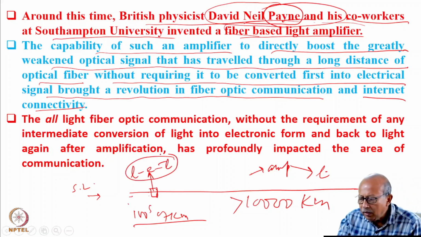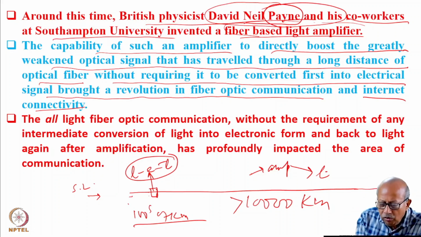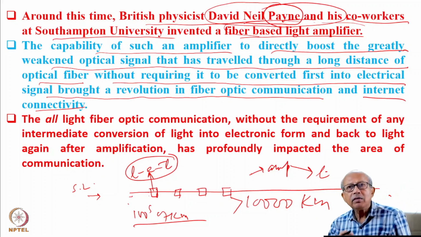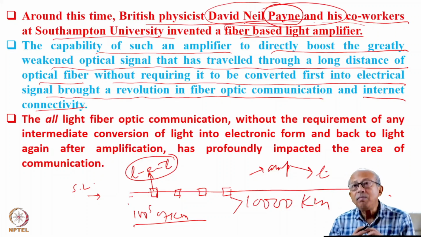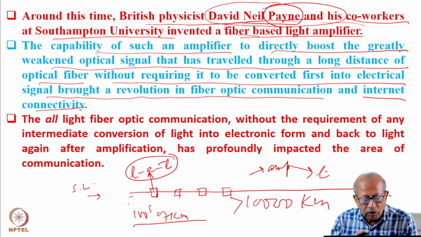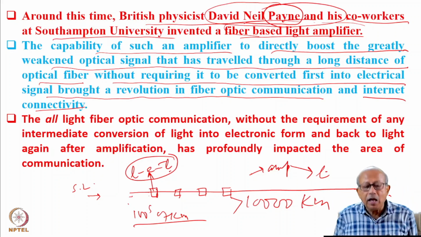And for such a long distance communication, there will be multiple such boosters, many boosters. And this made the communication system very complex and cumbersome because of this light to electric to light conversion that was essential.